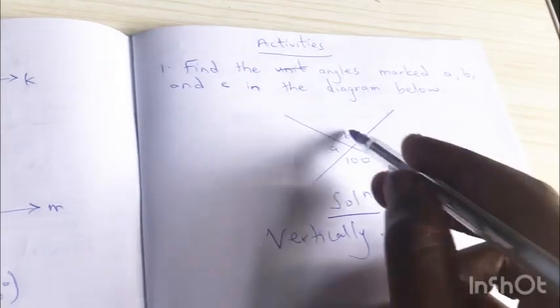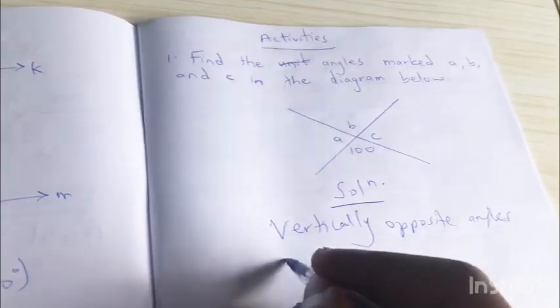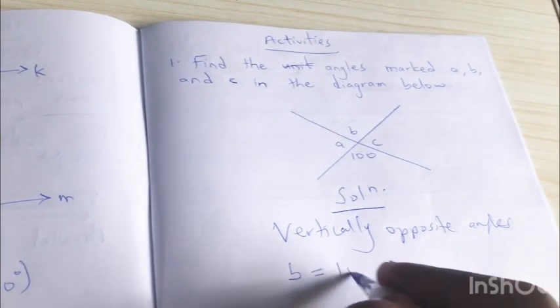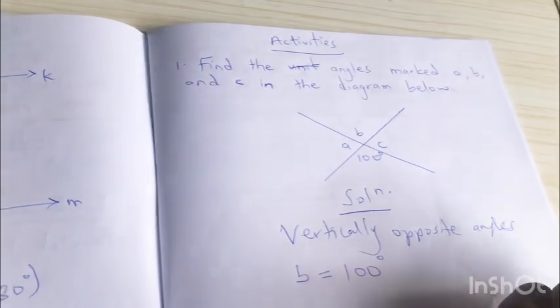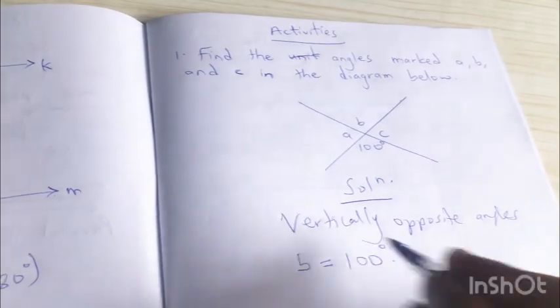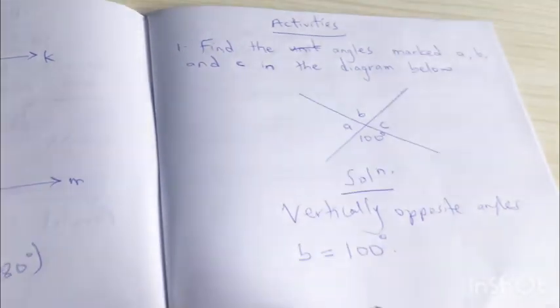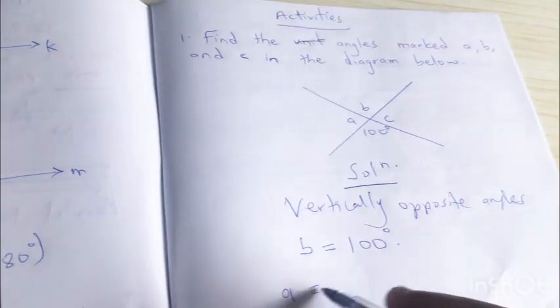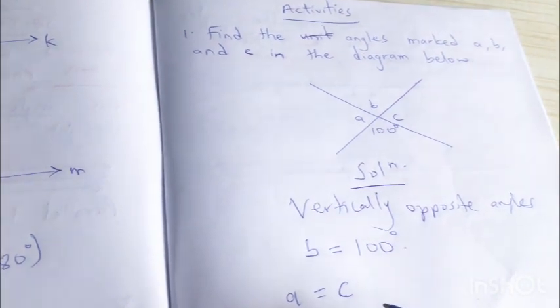So now the opposite angles here, B is opposite to 100. It means that simply B is equal to what? 100 degrees. B equal to 100 degrees, and it's a vertically opposite angle. Then what about A and C? A is also equal to C because they are vertically opposite.